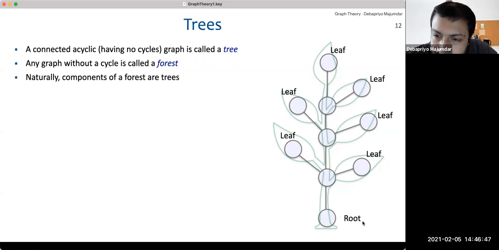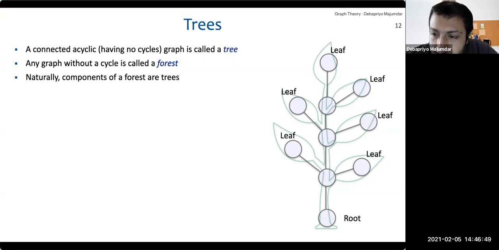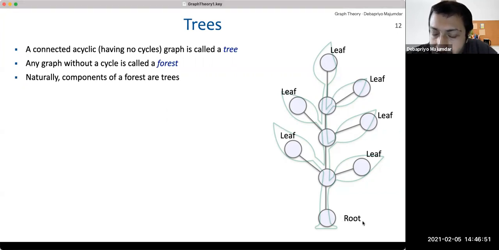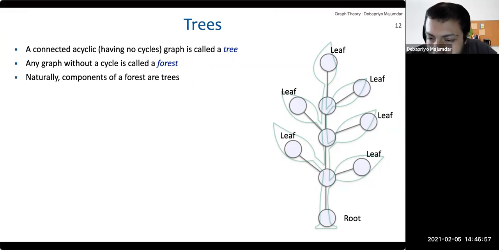Can any other vertex be the root? What if I drew this graph slightly differently, and put this one here and this one there? Then this one would have been the root and this one would have been a leaf, right?